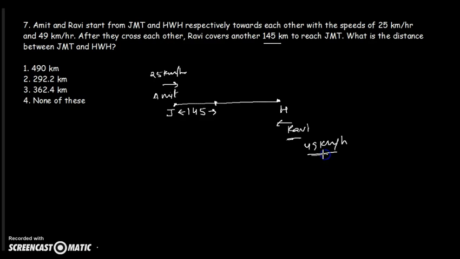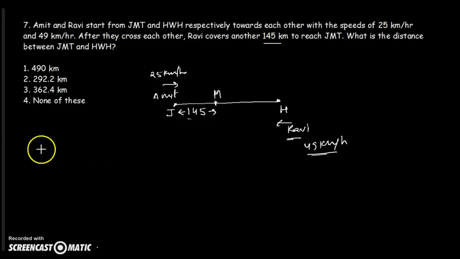See, if the speed is 49 km per hour and the distance is 145, you know how much time Ravi takes to move from this meeting point M till his destination, which is JMT.